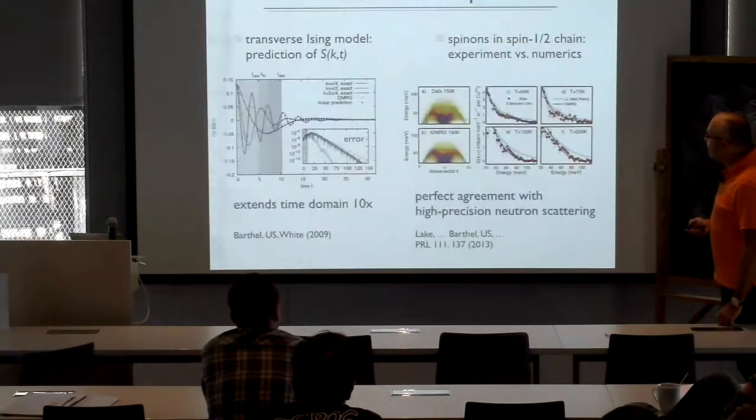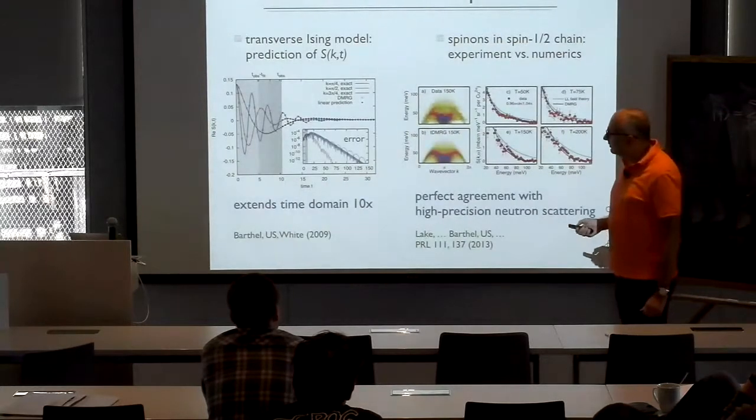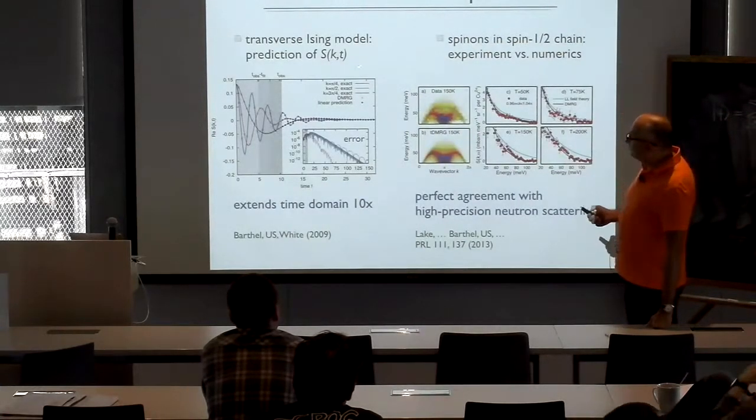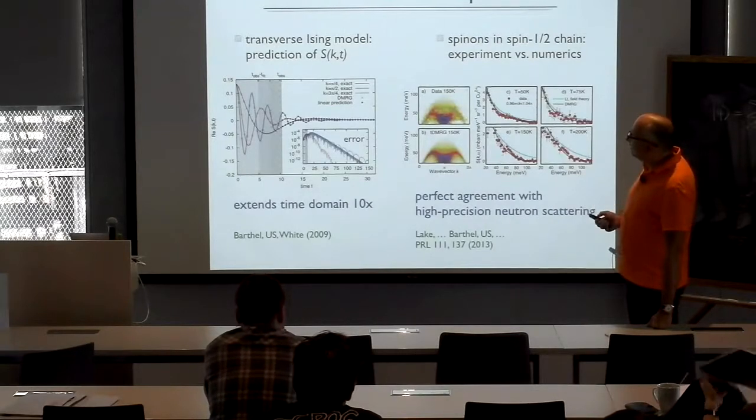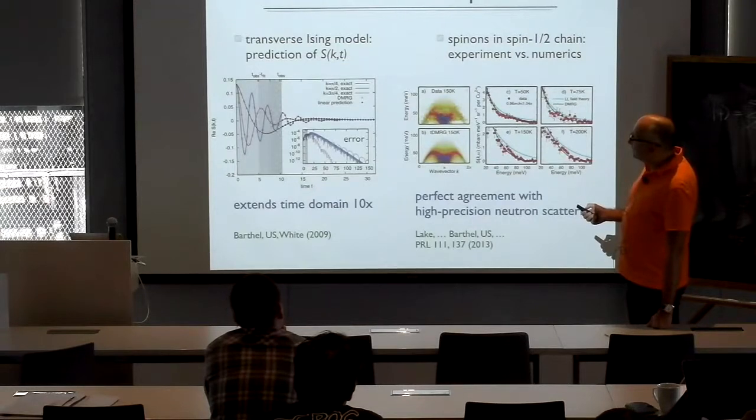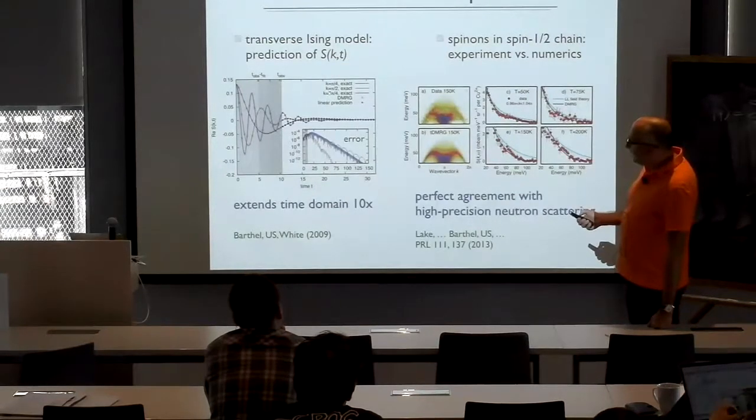Just to show you how it works, this was, of course, the simplest thing possible, the transverse Ising model. This is the spin correlation in momentum space and time. For different k values, you have these curves. You can do that numerically.